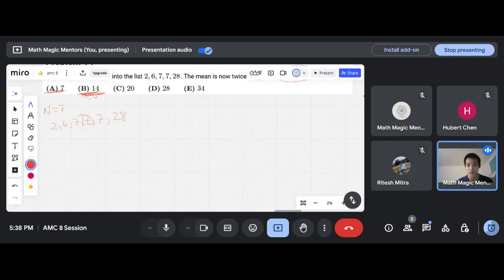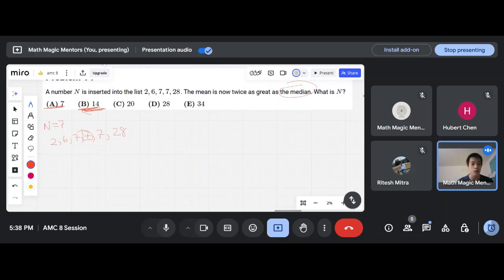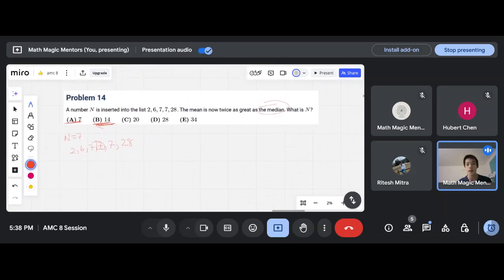Again, we just want to get the feel of the problem. Because n is a number, we want to make the problem more concrete, so we try out values for n. n equals 14 gives us 2, 6, 7, 7, 14, and 28, noting that there are two sevens.